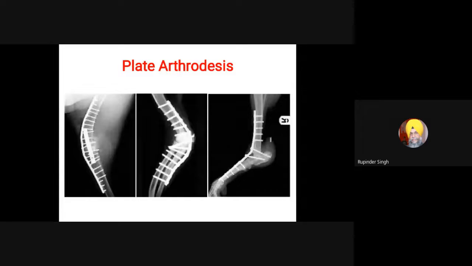This is another area where we may manufacture the angle plates. Although angle plates are available commercially also, they have a fixed angle. They are just like a 60-degree or 70-degree angle, and in many situations we have to adjust. So if it is patient-specific, then it could be a better alternative.